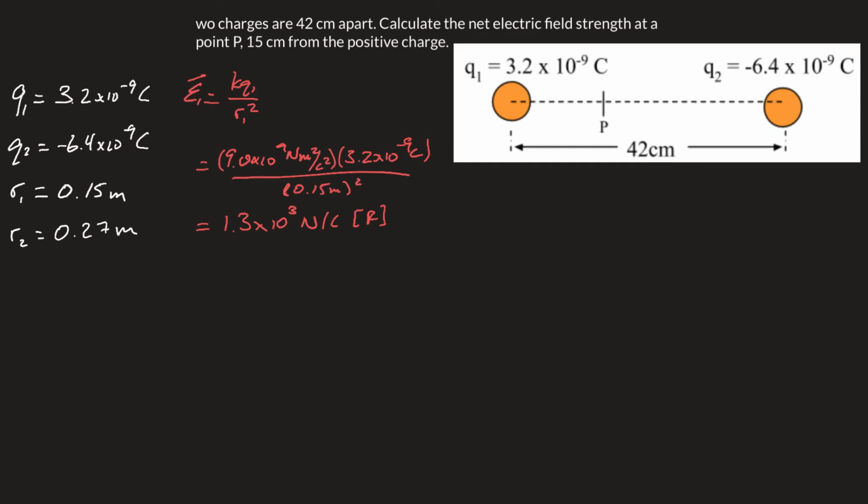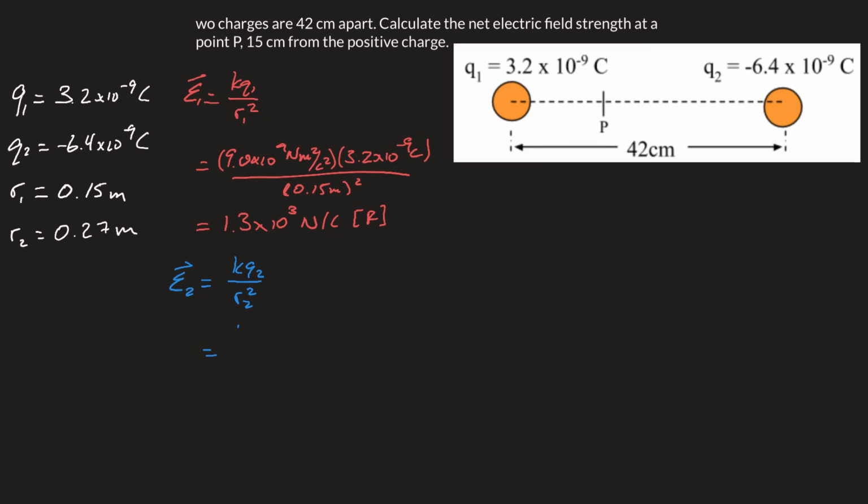Since Q2 is negative, we're going to probably expect some negative value here. The field at point 2 is equal to K Q2 over R2 squared.